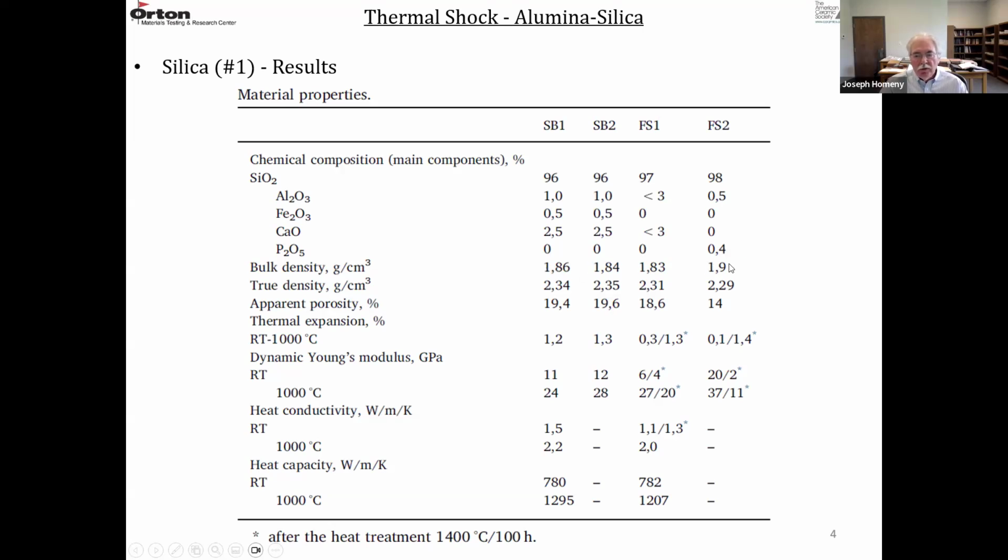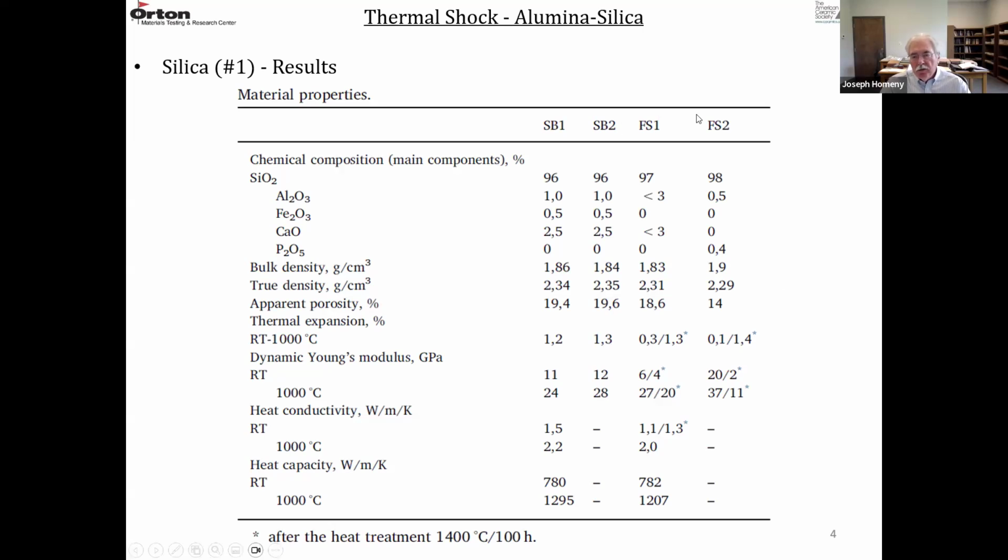Their densities were similar. The true densities weren't that different. But the apparent porosity in this one was lower. There's a denser material. And then the thermal expansion was measured from room temperature to 1000 degrees C. So 1.2%, 1.3% are typical for a crystalline silica material.